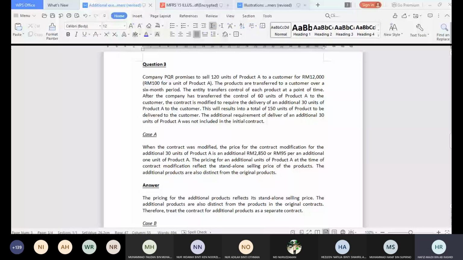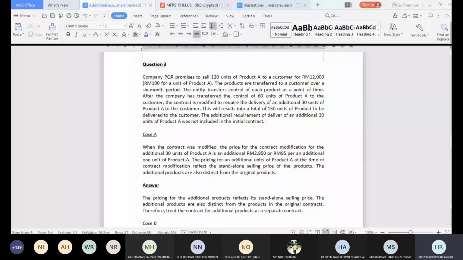So the treatment is to create a separate contract for this additional product. The original contract to deliver the remaining 60 units remains. Don't touch that. Then you just create a new contract for 30 units of product A at the price of 95 ringgit, which brings you to a total of 2,850.